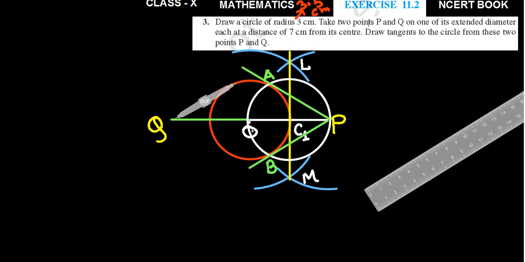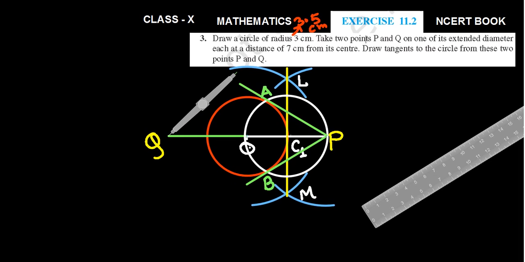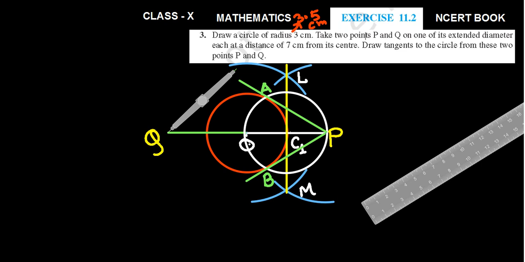Put the tip of the compass at Q and then at C1, and again draw arcs, with more than half the length, above OQ and then below OQ.